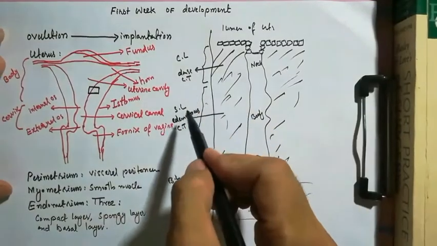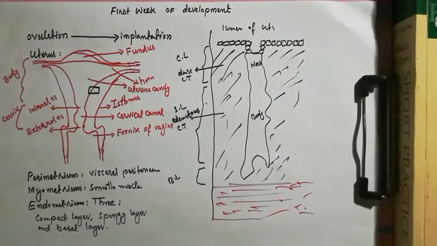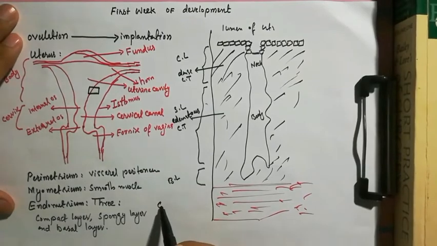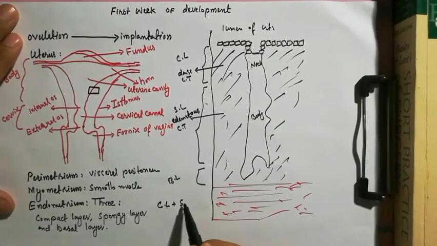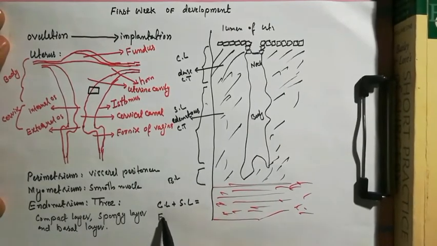Compact layer plus spongy layer is collectively called functional layer because this is lost during menstruation.